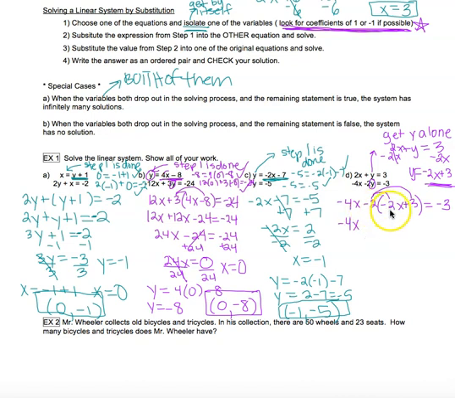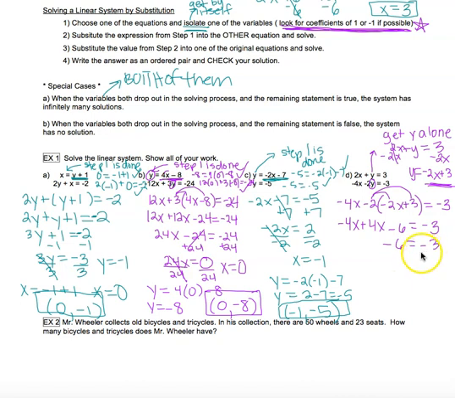Negative 2 times negative 2x is positive 4x. Negative 2 times positive 3 is negative 6. That equals negative 3. On the left side, negative 4x plus 4x is 0. Those cancel each other out. And so I'm left with negative 6 equals negative 3.